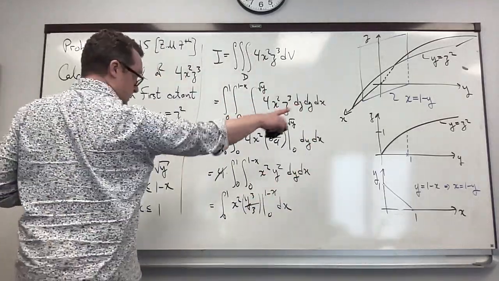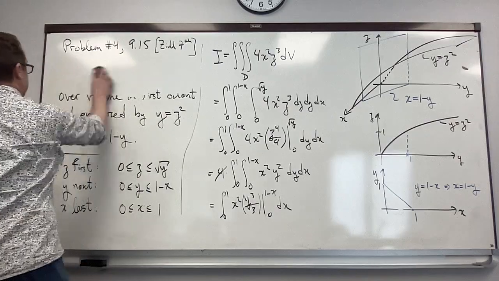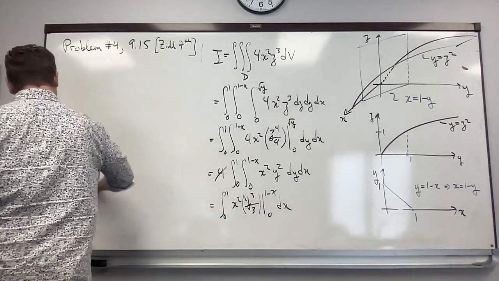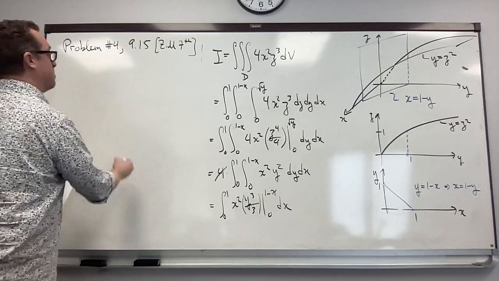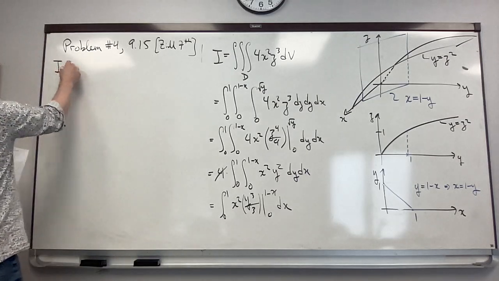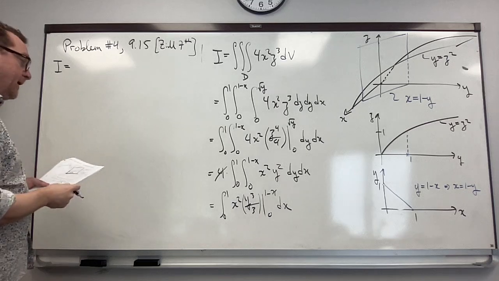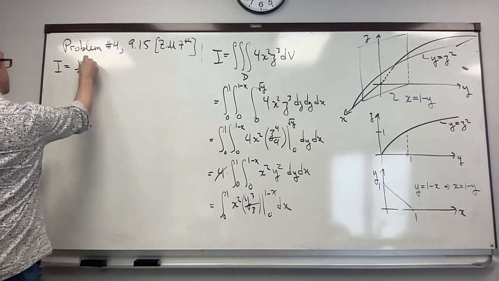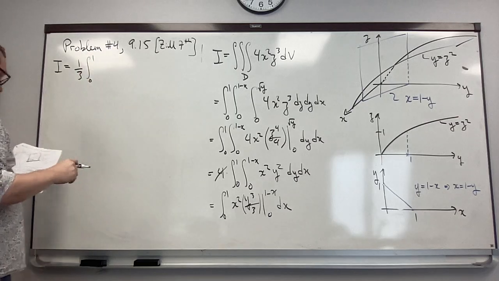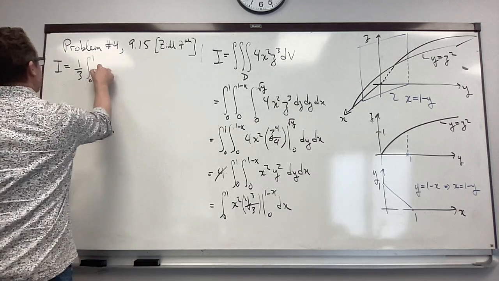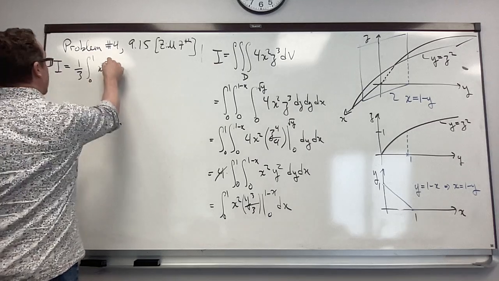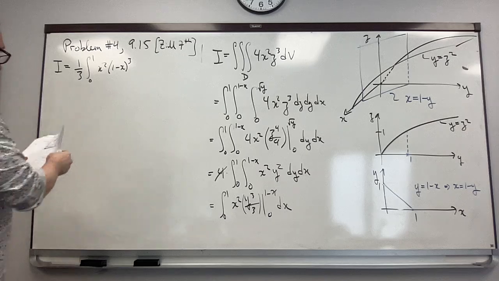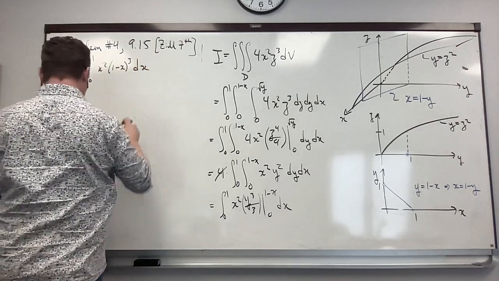I'm going to go over here and just leave the diagram up. So I equals 1/3, 0 to 1, x squared, then 1 minus x to the 3rd, minus 0, dx.